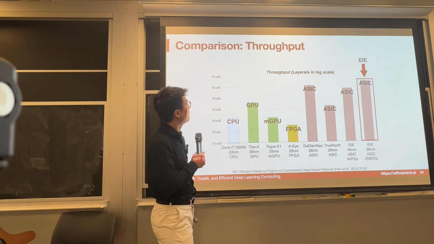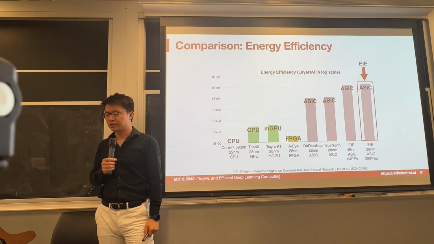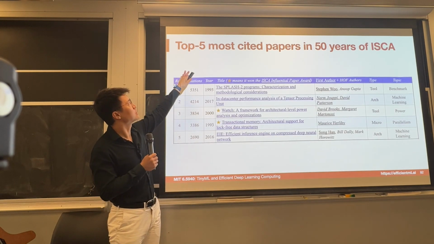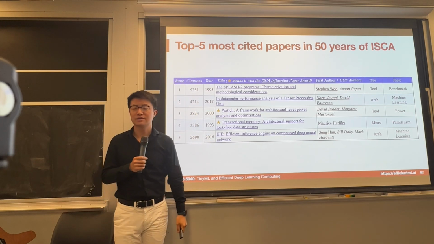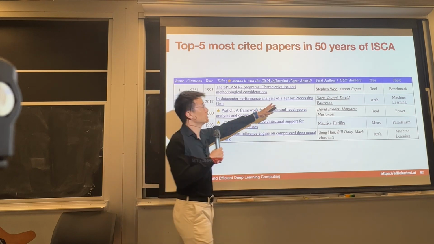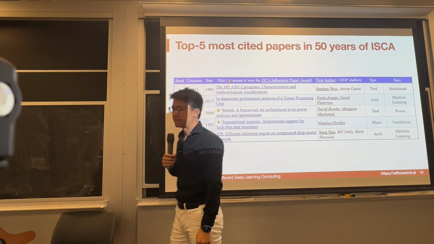So this is showing the throughput, pretty good throughput and energy efficiency, and actually this paper was listed as one of the top 5 most cited papers in the 50 years of ISCA, the International Symposium on Computer Architecture.